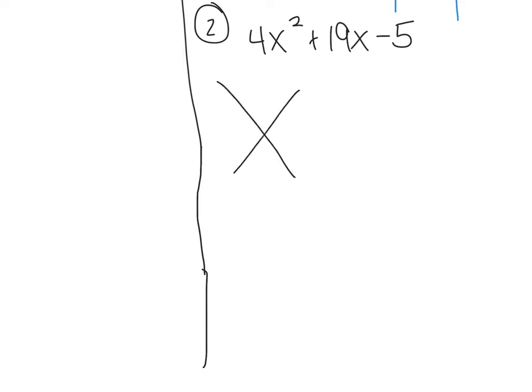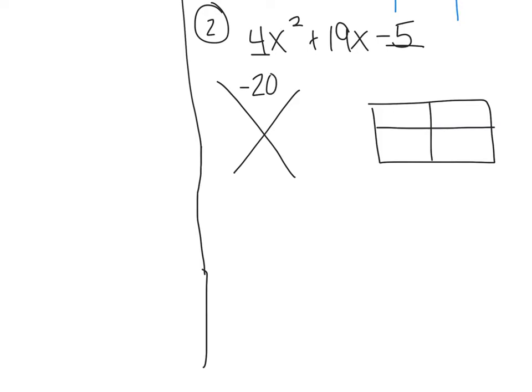So my X, and then I'm going to leave more room this time for my box. So my A times C will go on the top. So 4 times negative 5 is negative 20. And then my B will go on the bottom, 19. So it'll be 20 and negative 1.